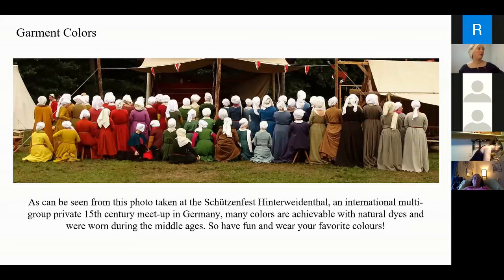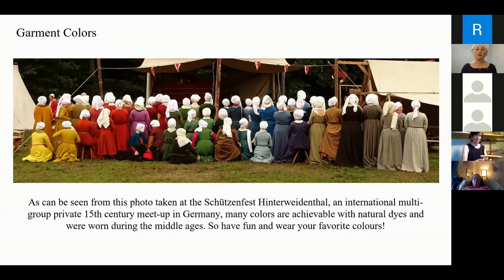You have everything from bright yellows on the left to grays and almost black on the right. Now, things to think about in there. The brighter, more vibrant colors are going to be more expensive to produce.